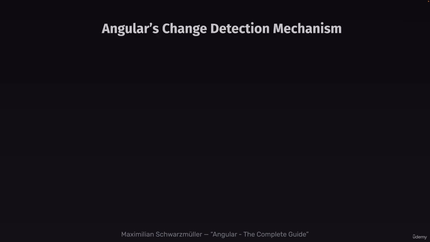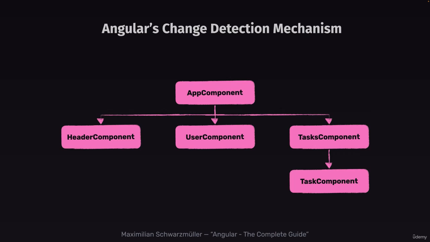So how does Angular's change detection mechanism work by default? Well, by default, you have your component tree, and Angular wraps that entire tree.